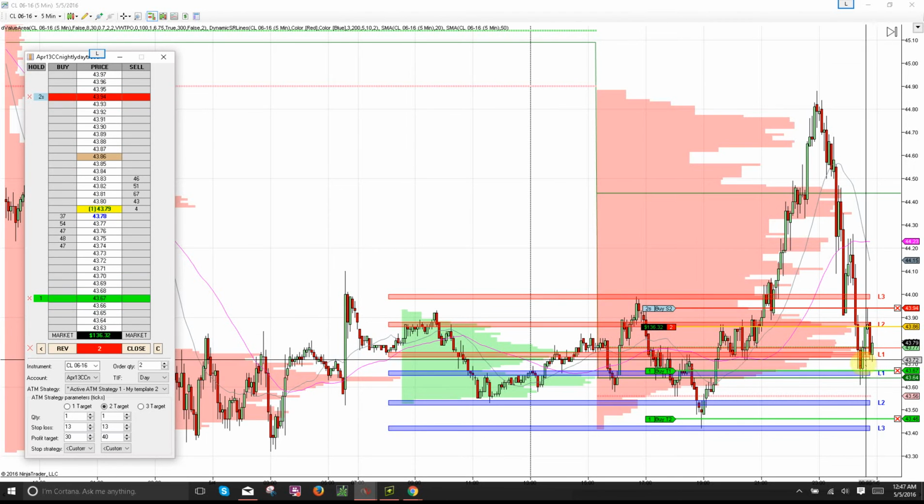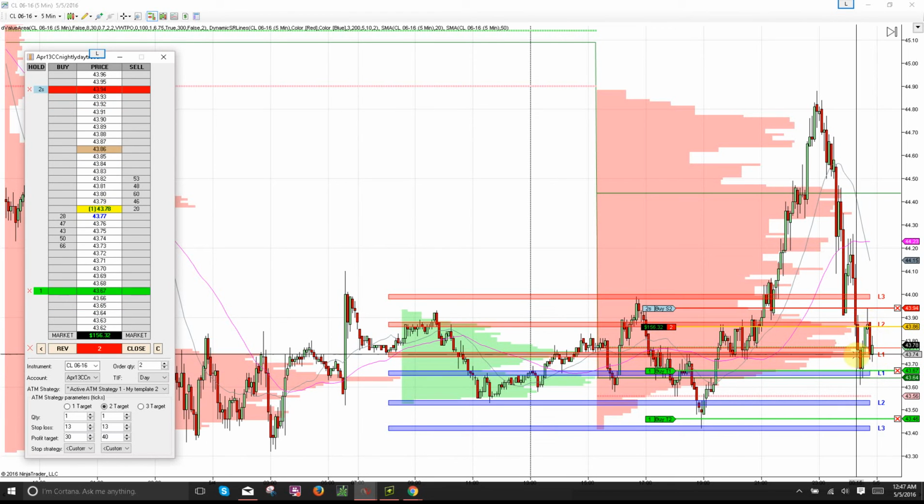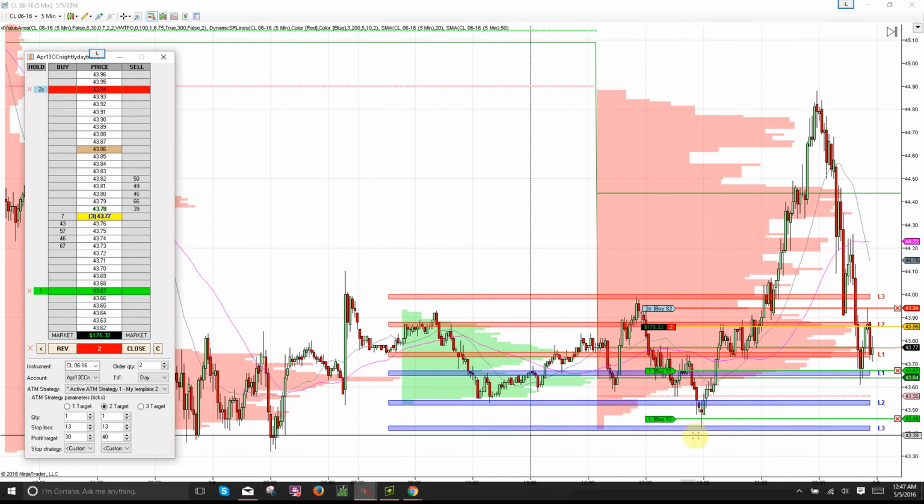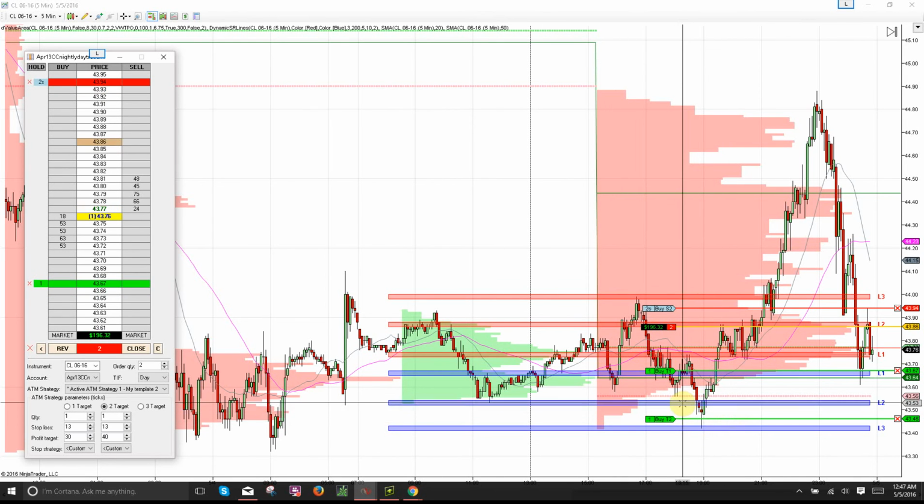So we should still see, if the sellers are in control, this thing move down to this level here, and then probably break below here and move down further into this lower price zone for today. So we'll see what happens, and that's basically me walking through my trade idea today.